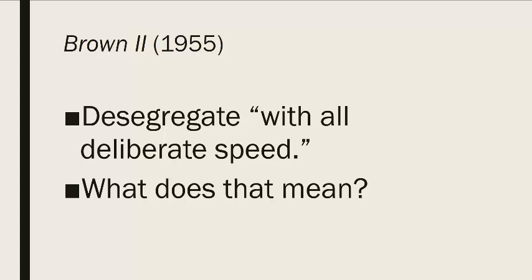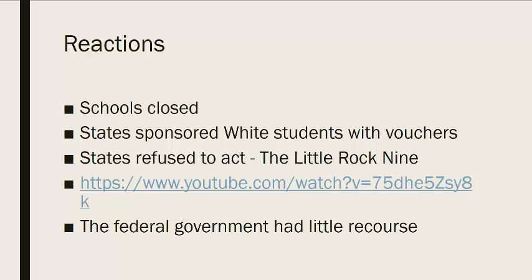So, as a result of the 55 decision that said with all deliberate speed, the reactions around the country were mixed. The worst reactions came in the South. Schools closed, literally schools closed.